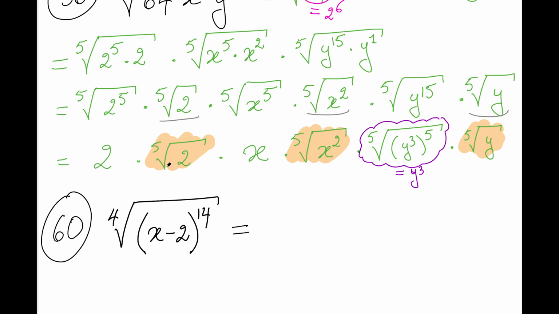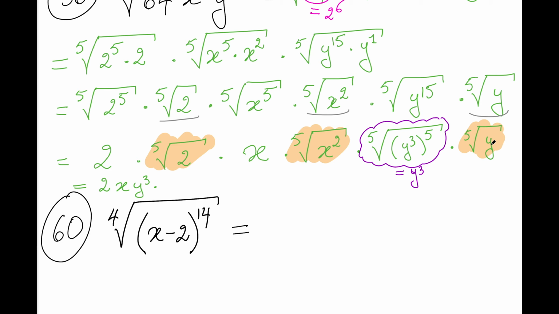Okay, and I'm going to multiply out the rest. So outside I'm going to have 2 times x times y cubed. So 2 times x times y cubed times all these oranges. So the fifth root of 2 times the fifth root of x squared times the fifth root of y.